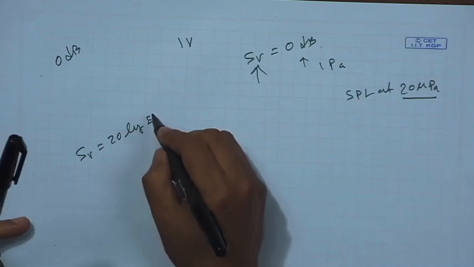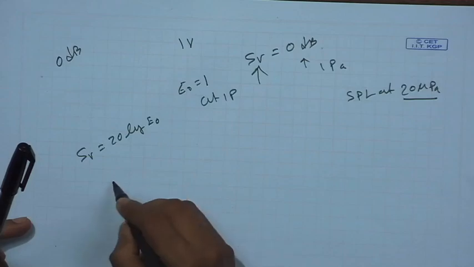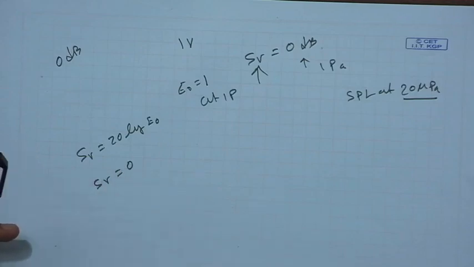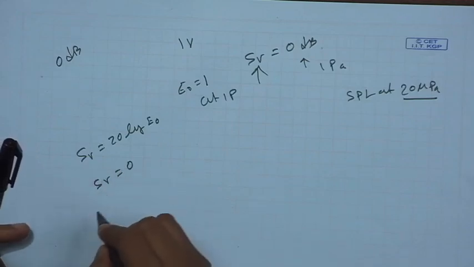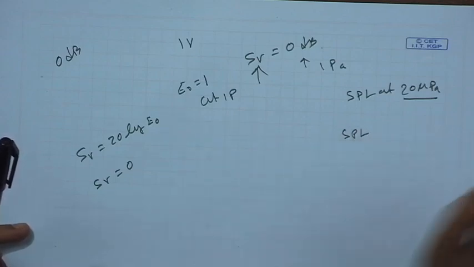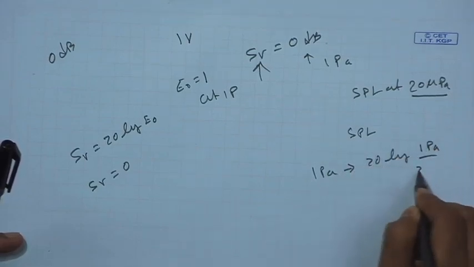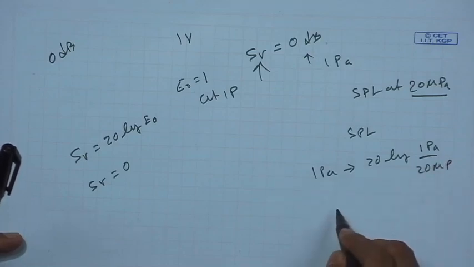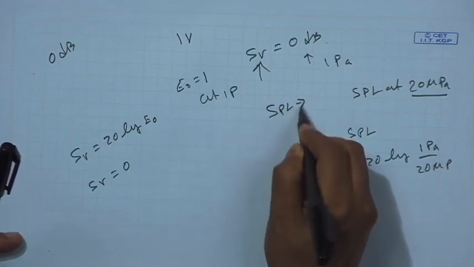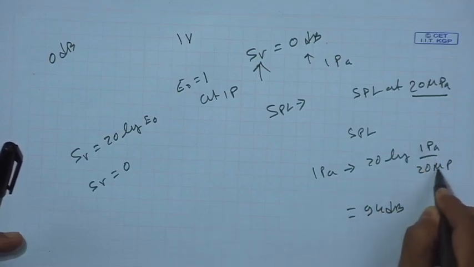Now, if E0 is equal to 1 volt at 1 Pascal pressure, then SV is equal to 0. Now, if the same microphone is placed at a sound pressure level where it is just the threshold of hearing, what is 1 Pascal in dB? It is 20 log of 1 Pascal divided by 20 micropascal, because it is 20 into 10 to the power minus 6.